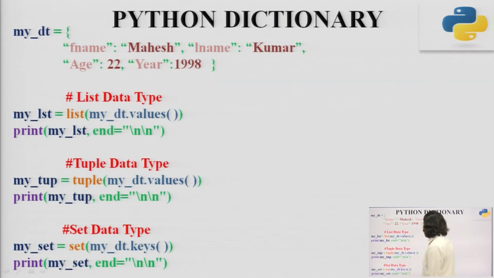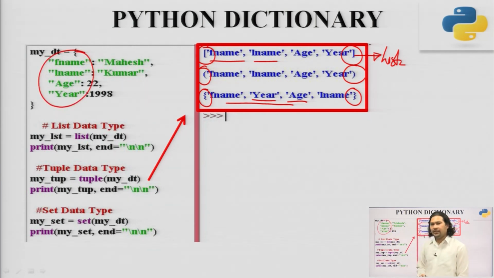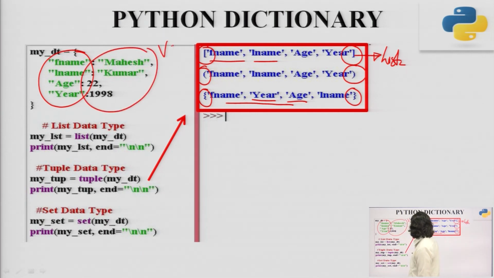Now, is the reverse possible for this one or not? Before that, we are again looking at the methods related to the values. In the previous slide you have seen that f name, l name, year, age, these are the key elements. So, here the question arises: if these key elements are taken in the list, tuple, set data type, is it possible to take the values in the list data type?